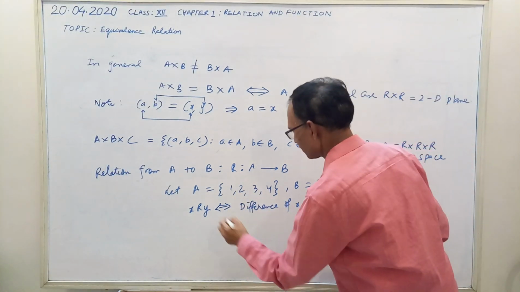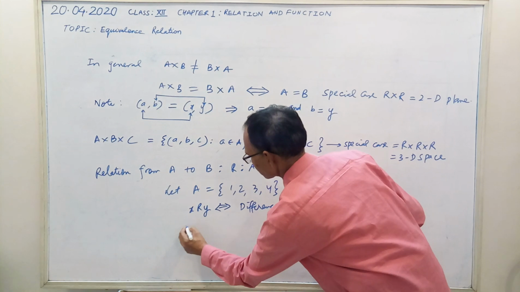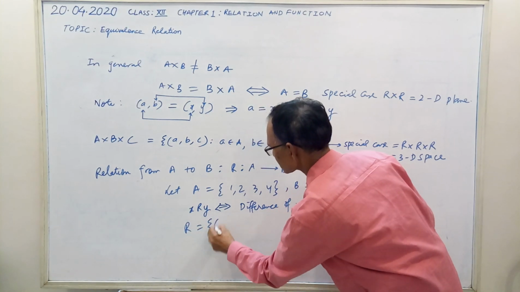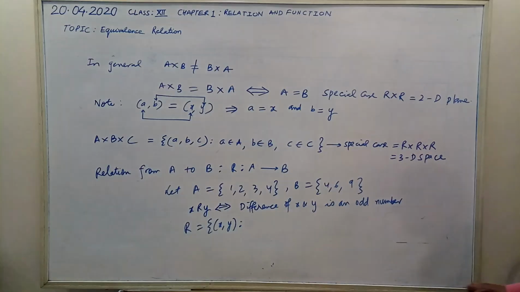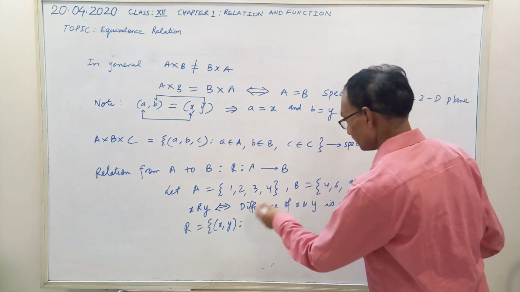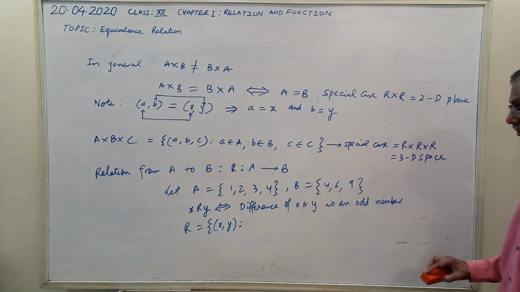So this is implying that this R is basically a set of ordered pairs which will fulfill this condition.